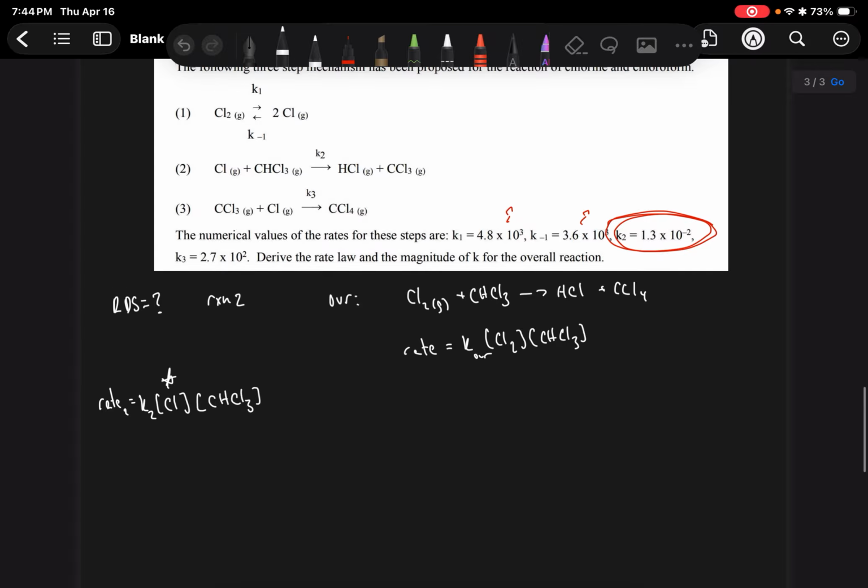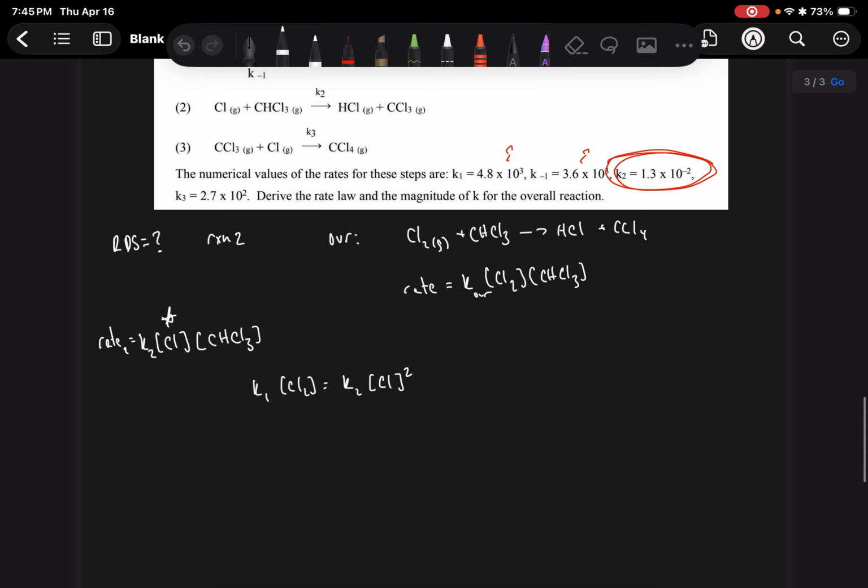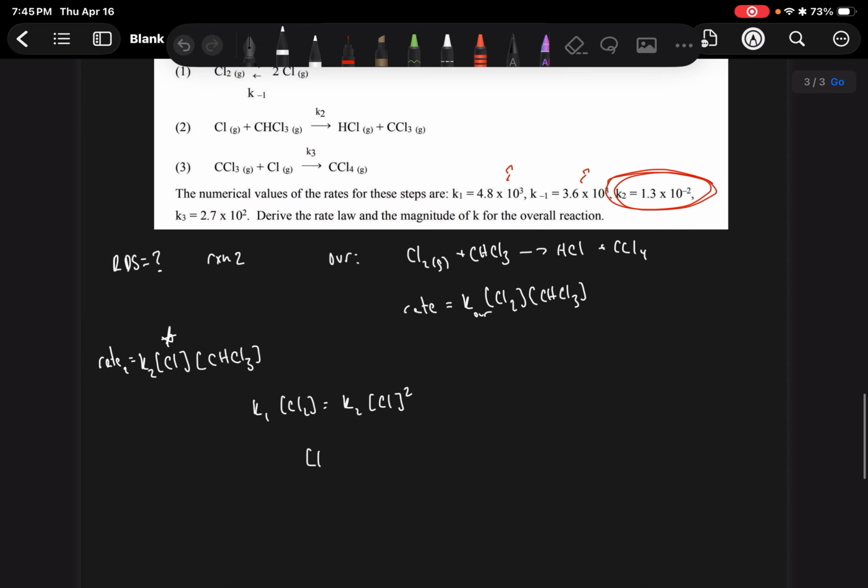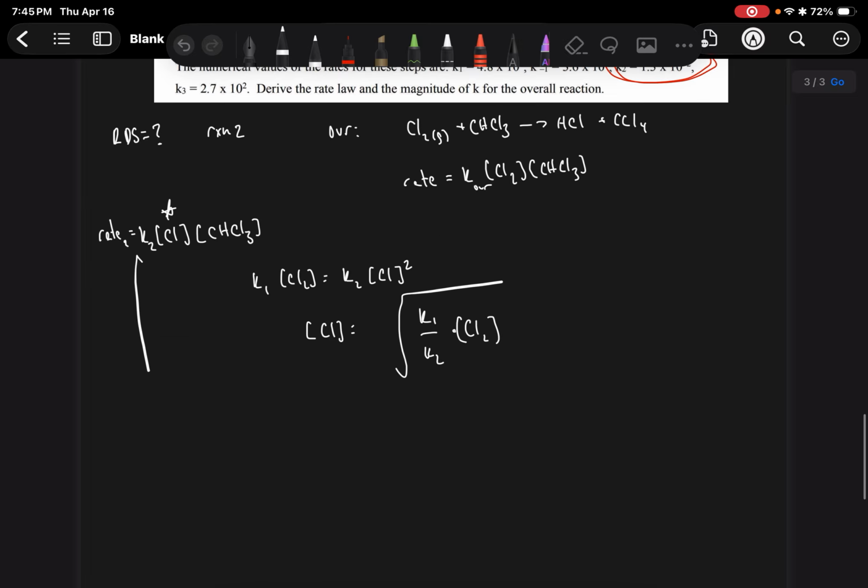K1 squared. Yes, sir. Okay, so now we're going to have to square root both sides because we don't have a CL squared in the equation. K1 over K2 Cl2 square root. Substitute that into here.